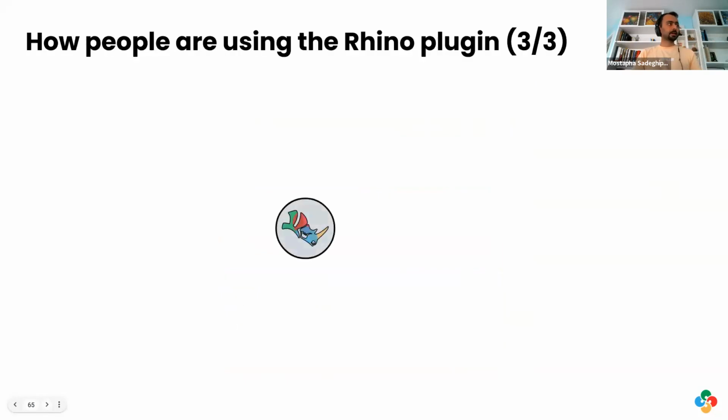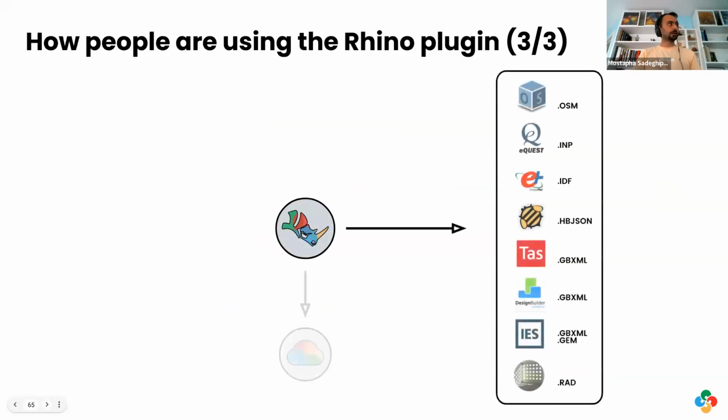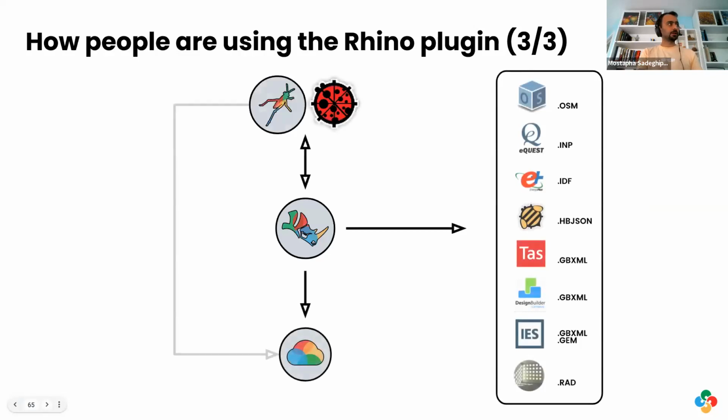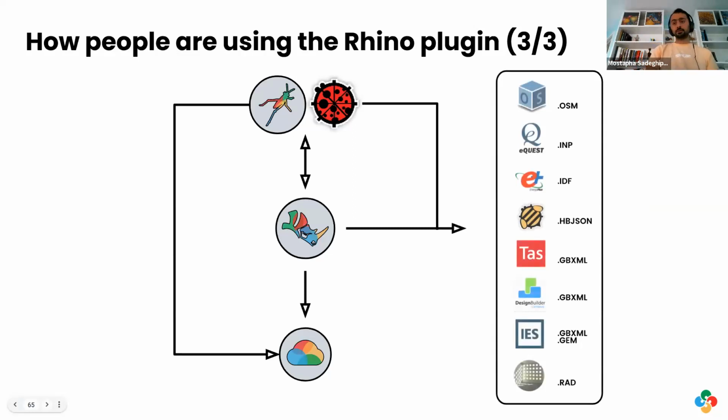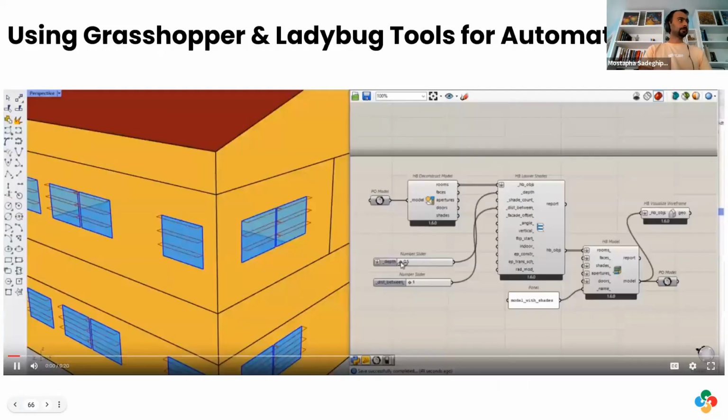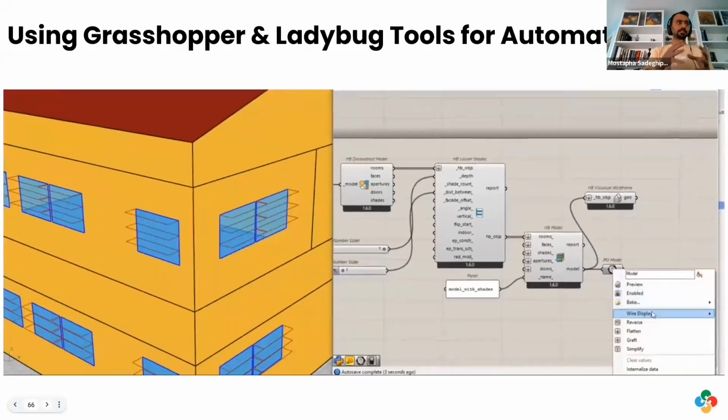The other, number 3, is again the one that people are using, which brings all of them together: people who use Rhino with Ladybug tools and what it has to offer. I don't know how many Ladybug tools users are on the call today, but as I said, I see a very great synergy between the two.